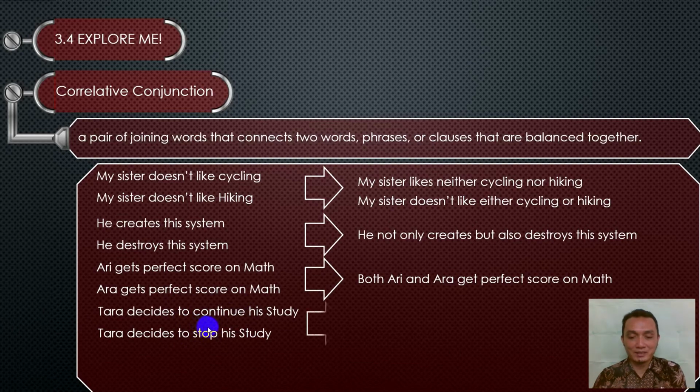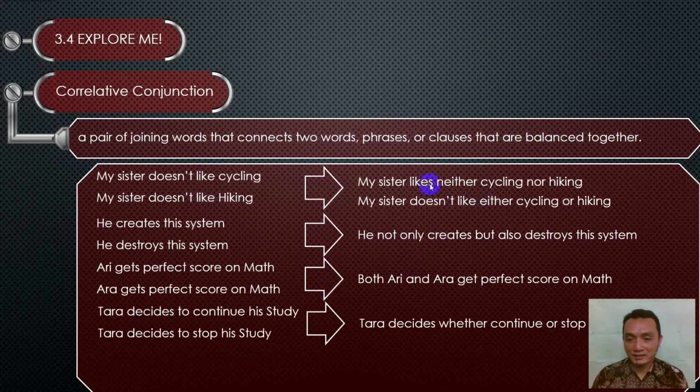If you combine this, it becomes: Tara decides whether, using whether, to continue or stop his study. Whether blah blah blah or. So they are the examples of using correlative conjunction.